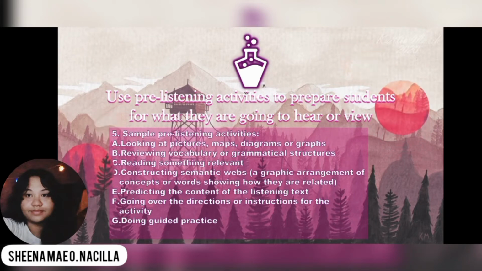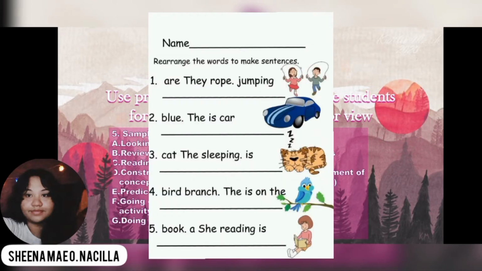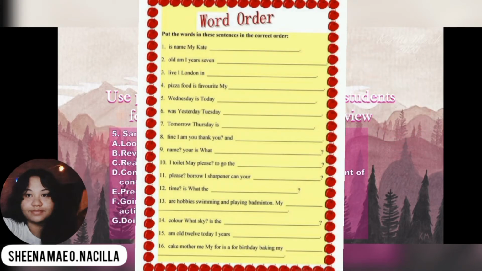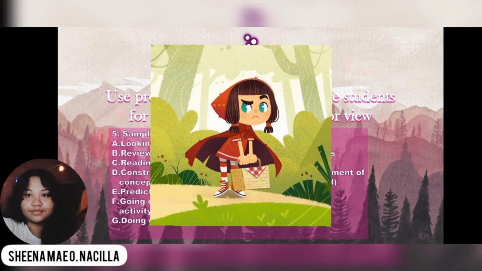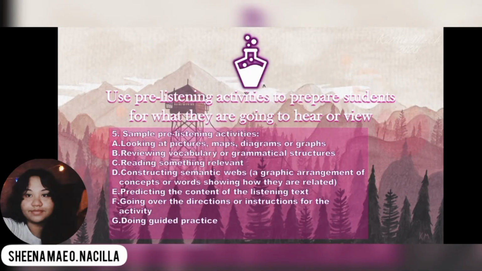You could also review the grammatical structures of a sentence and how it is structured. For example, where is the subject and the predicate, who are the characters, how to know who the characters are, the setting of the story, something like that.